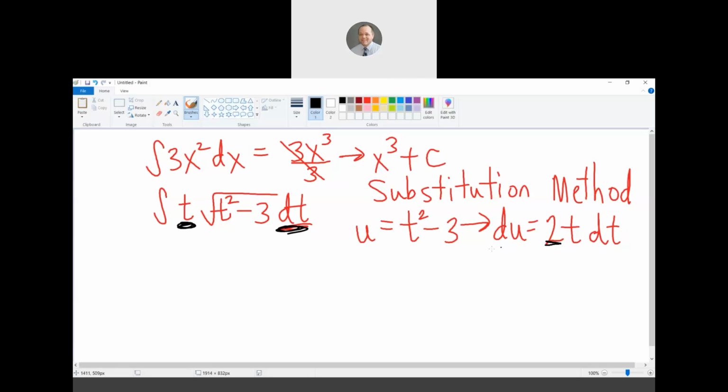All right, no worries here. You just divide both sides by 2. So t dt that we're about to substitute is equal to 1/2 du.